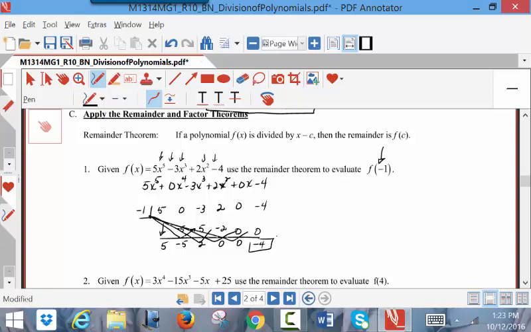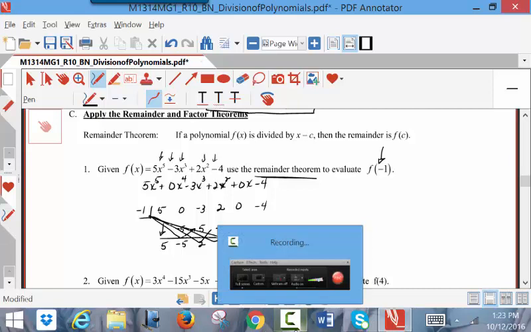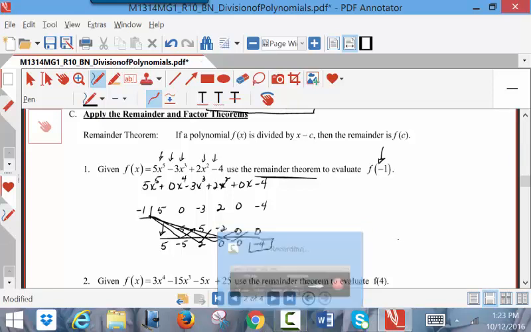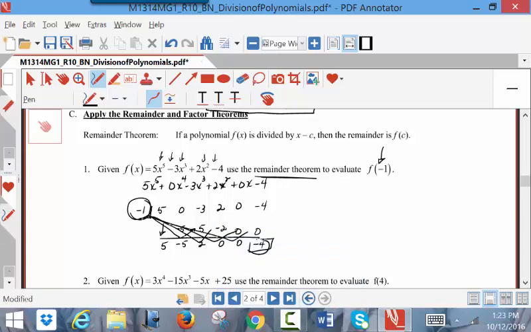Okay, now, this thing called the remainder theorem says that when you have a remainder, or really any time you do synthetic division, this value in the half box and the remainder create an ordered pair.